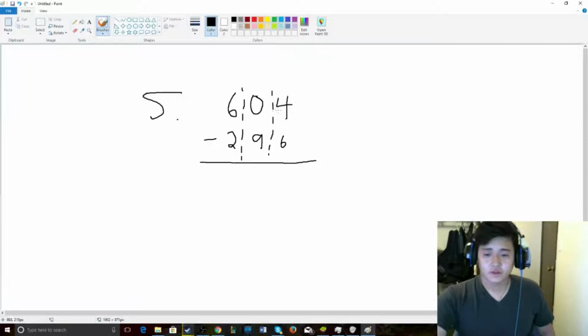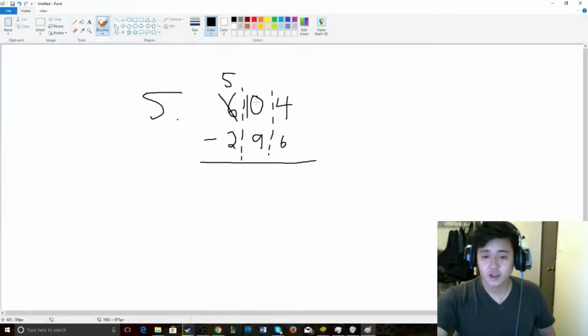Alright, so right now we have the 4 minus 6. We know that we can't actually do 4 minus 6 or we'd end up with a negative number. But because 600 is bigger than 200, we have to take from the larger number because we can't have a negative answer. But we can't take from a 0 because that would make it negative 1. So what we have to do is cross out this 6 and make it a 5. And then we put a 1 in front of the 0 and make this a 10.